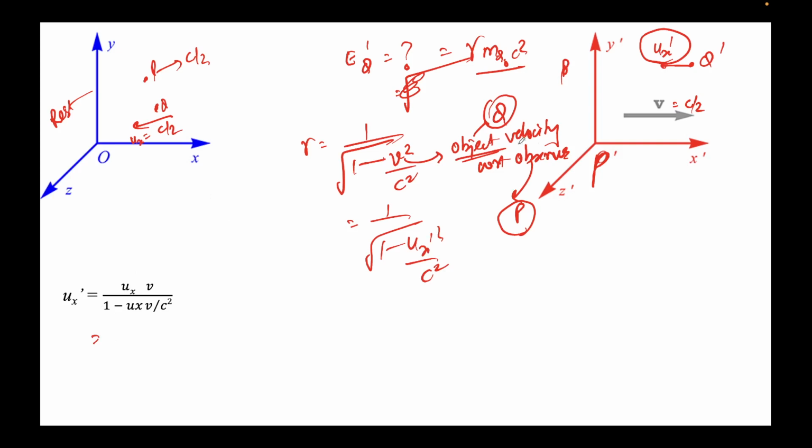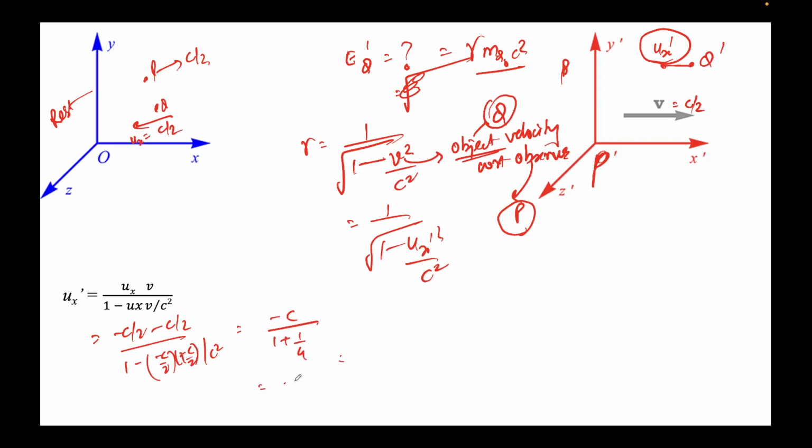So ux is given as minus c by 2. Note, negative direction. This velocity v is c by 2. So, minus c by 2 minus c by 2, over 1 minus c by 2 into minus c by 2 over c squared. So this will come out to be minus c divided by, sorry, this is plus, 1 plus 1 by 4.